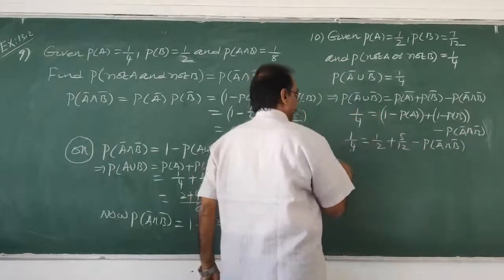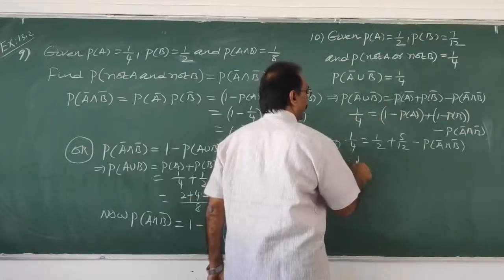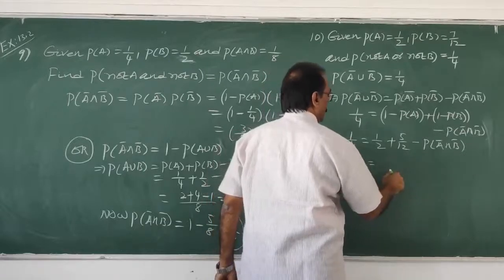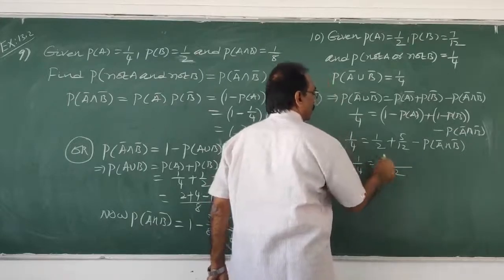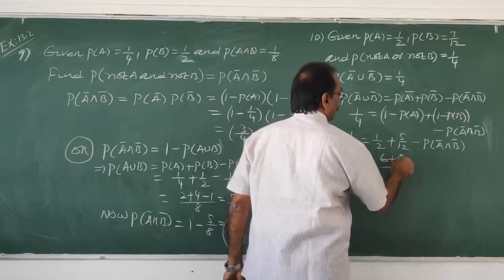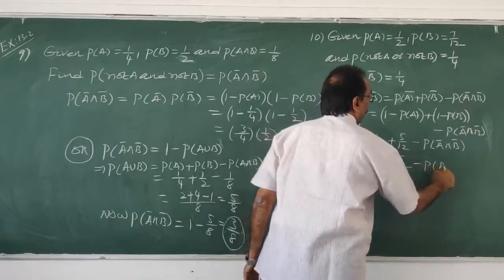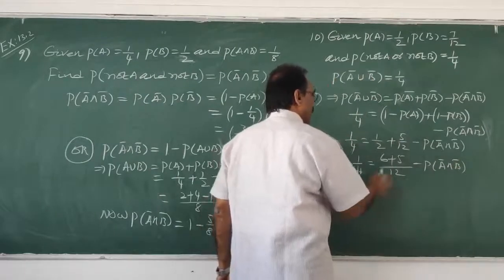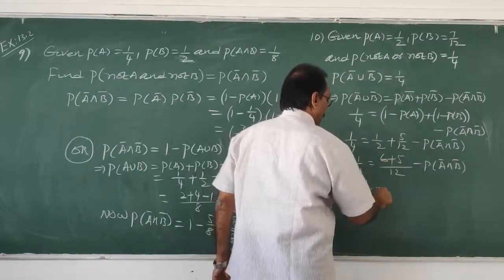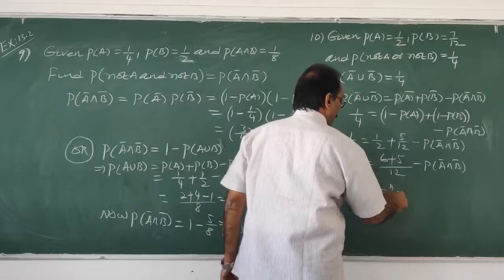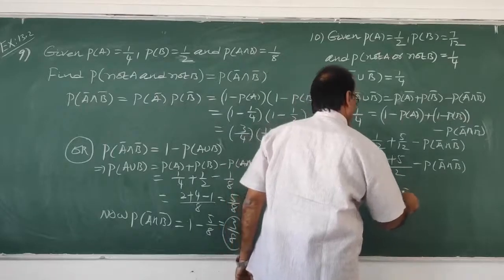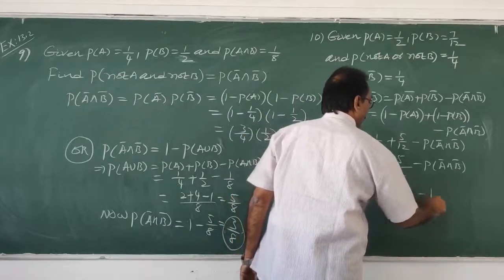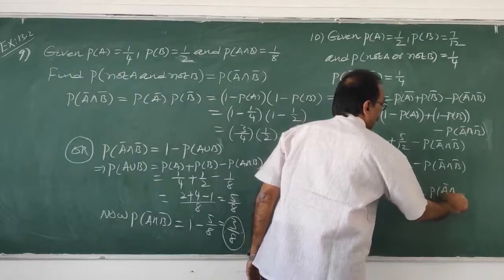Okay. Now this implies how much you are going to get? 1 by 4 is equal to, with 12 as LCM, in 12, 2 goes 6 times and 12 goes 1 time, minus P of A bar intersection B bar. Now this implies 1 by 4 equals 6 plus 5, 11 by 12, minus P of A bar intersection B bar.